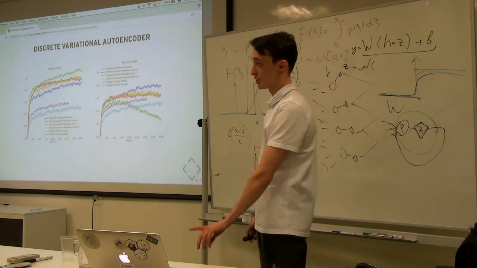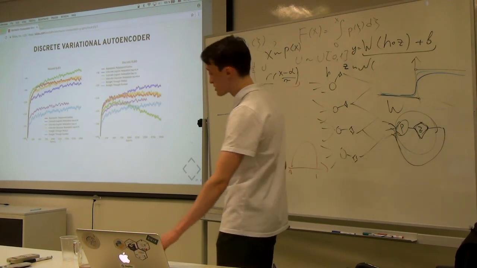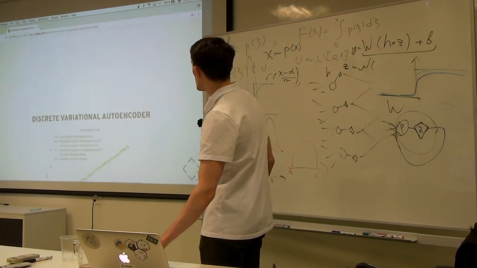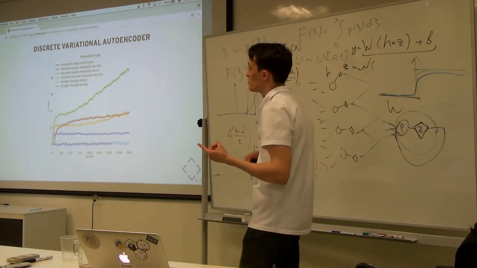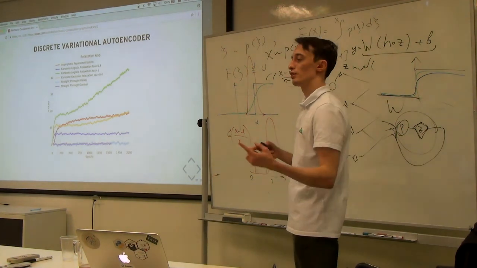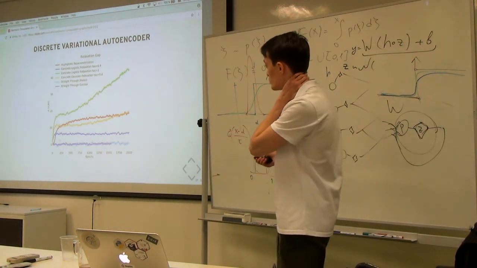However, there is an interesting thing to notice. Namely, if you consider the gap between the discrete ELBO and the relaxed one, the relaxation gap, you can see the following picture.